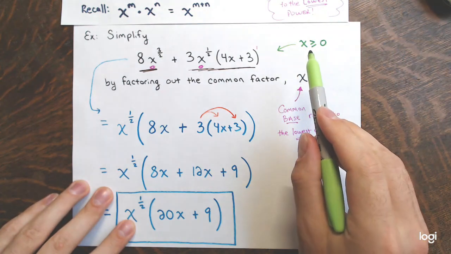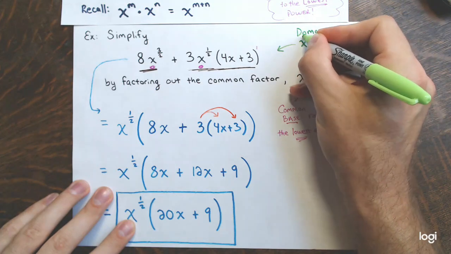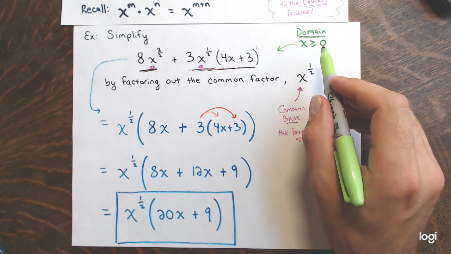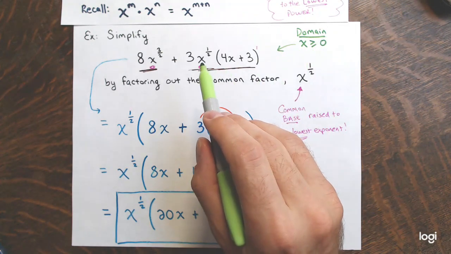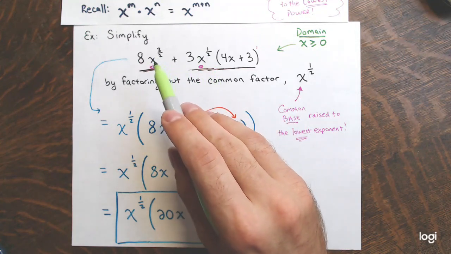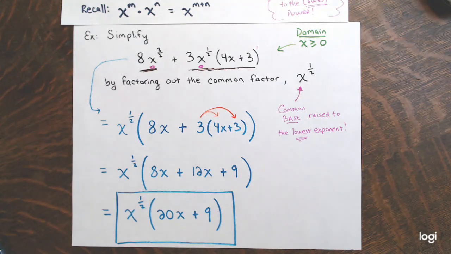And again, this is like the domain of the problem. What am I allowed to plug in for x? I'm only allowed to plug in non-negative values, 0 or greater. Because if you plug in negative values for x, this will be a non-real number. This would also be a non-real number. Okay, but again, in most intermediate and beginning algebra texts, we're dealing with just real number outputs. I want a real number output.